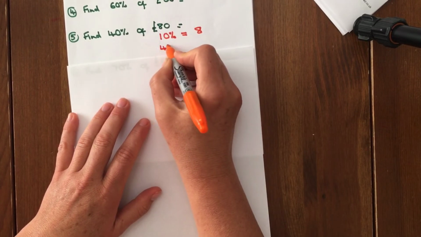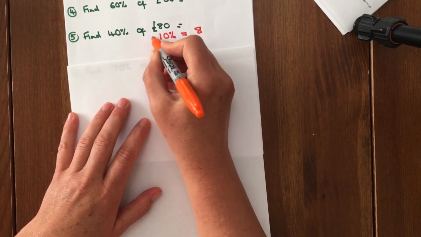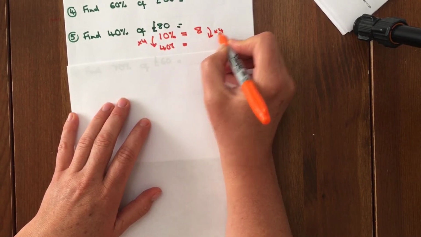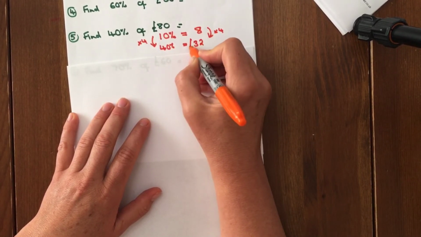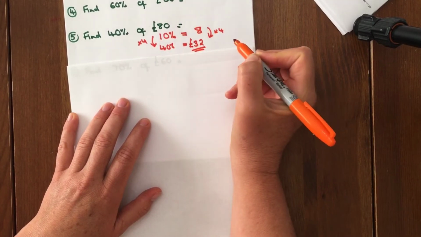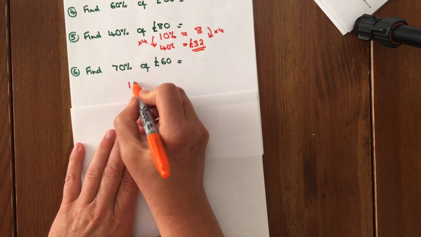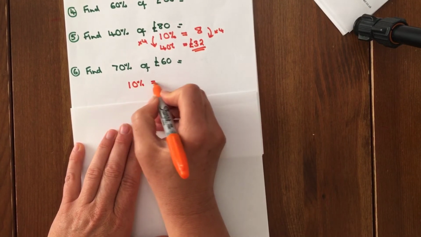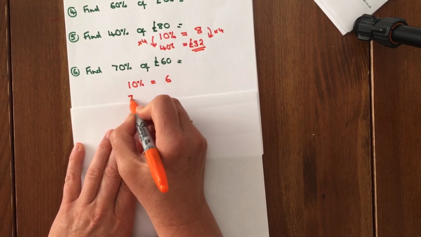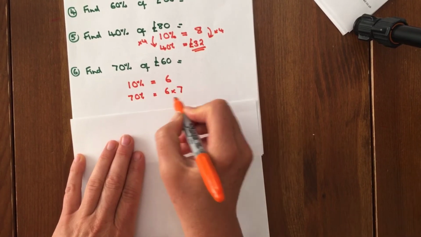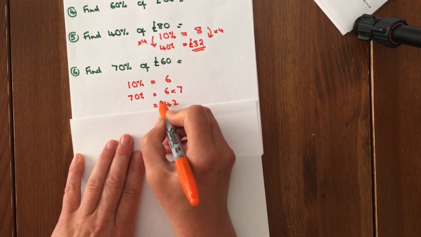So 40%, I want 4 lots of 10. So I times by 4, and I get £32. Okay, to find 70%, well, I know 10% of 60 is 6, so 70% will be 7 lots of 6, which is £42.